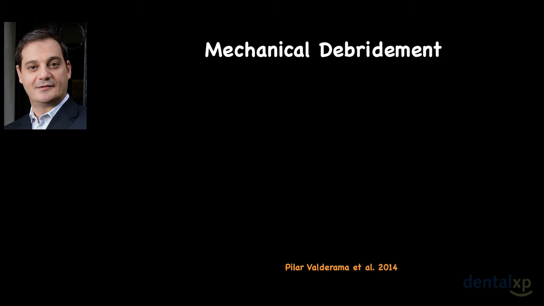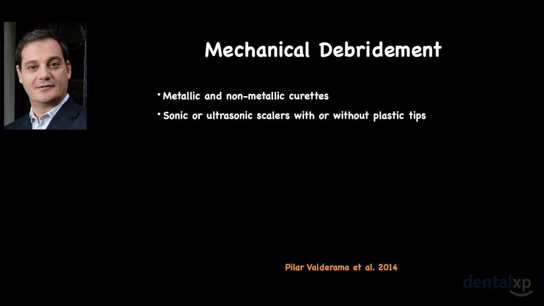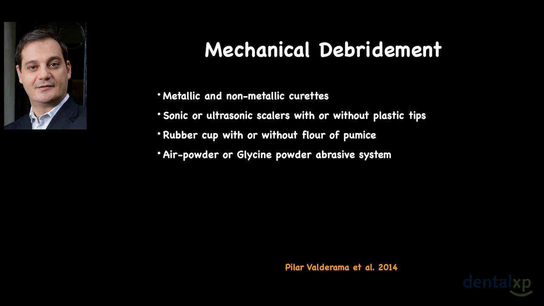If we look at Pilar in 2014, he said the mechanical debridement can be with metallic or non-metallic curettes. Again, they're trying to avoid damaging the implant surfaces. Sonic or ultrasonic scalers with or without plastic tips, a rubber cup with or without flour of pumice, air powder or glycine powder abrasive systems, titanium brushes, and the laser.